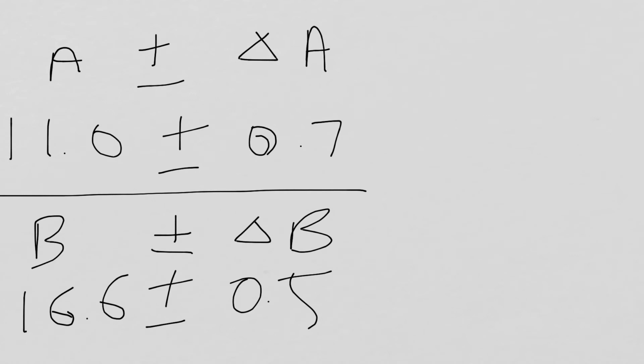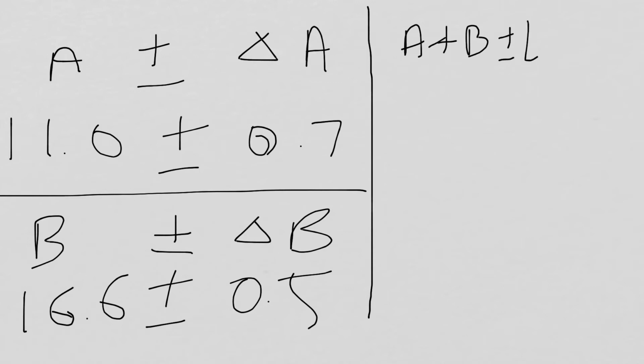So now we will solve this question. We have to add, so the formula will be A plus B, then plus or minus, in a square bracket, delta A plus delta B, the tolerance or absolute uncertainty.